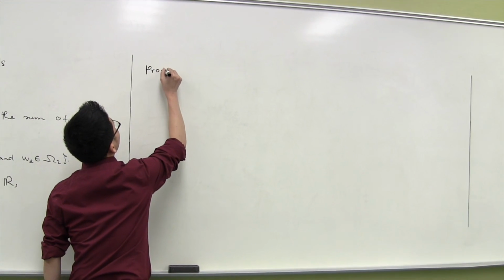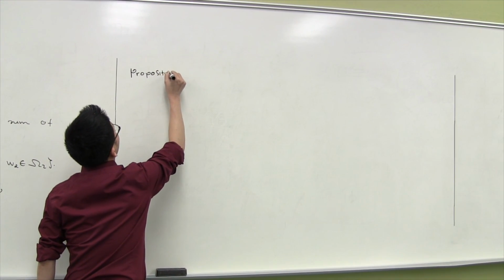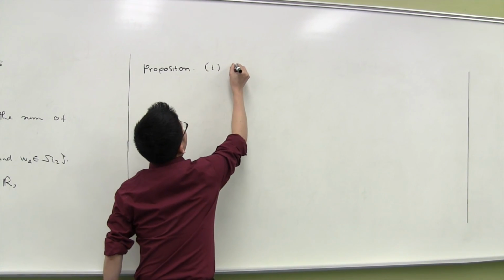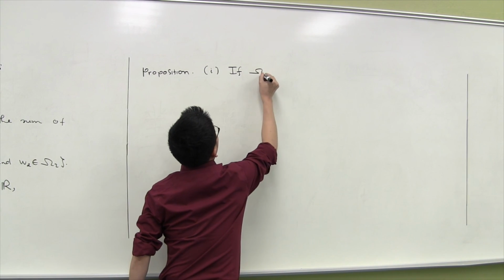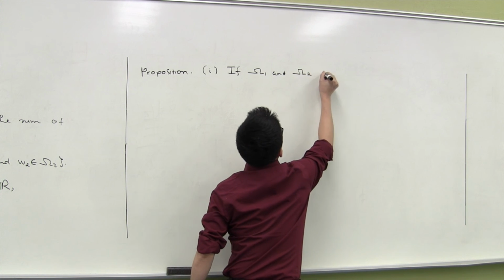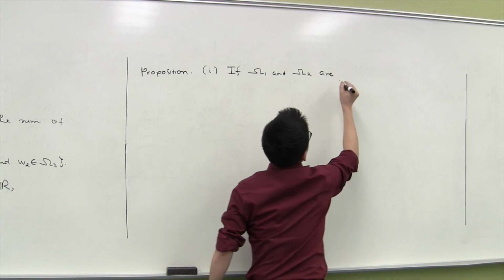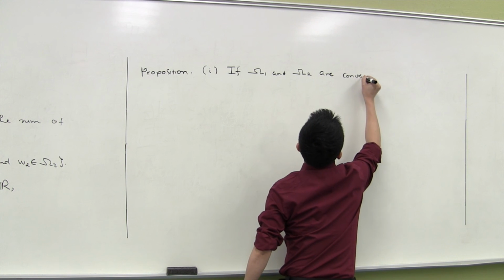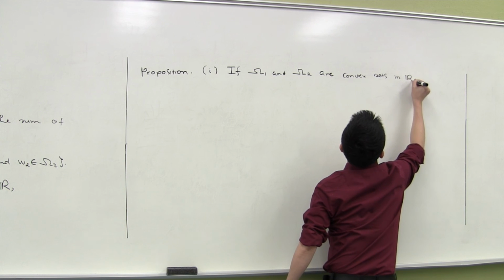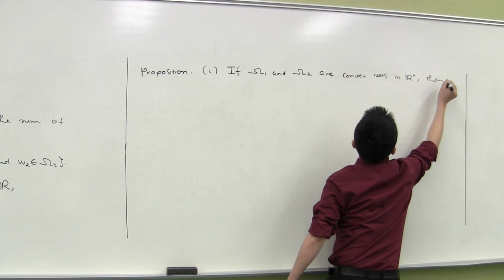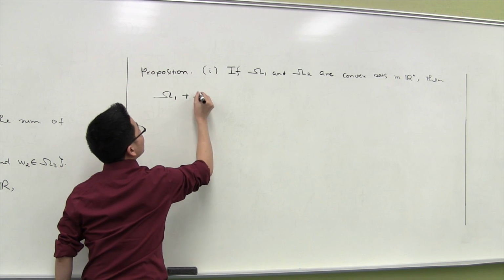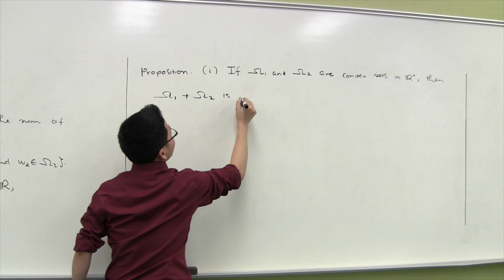Proposition. This proposition contains two parts. If omega 1 and omega 2 are convex sets in Rn, then the sum of omega 1 and omega 2 is convex.